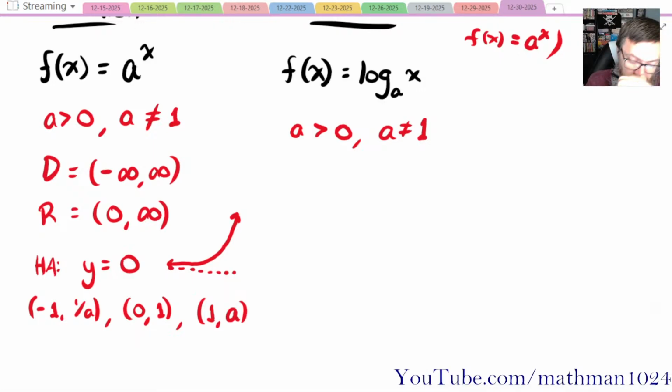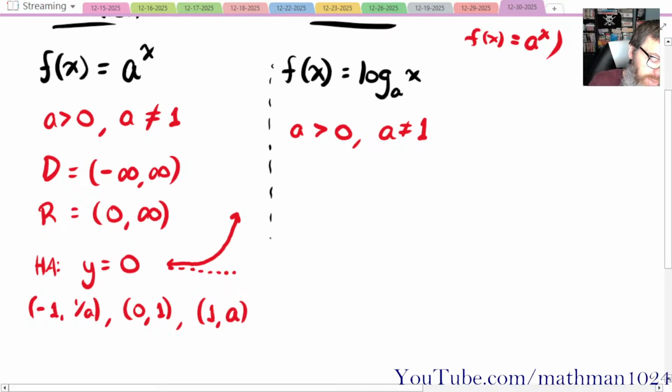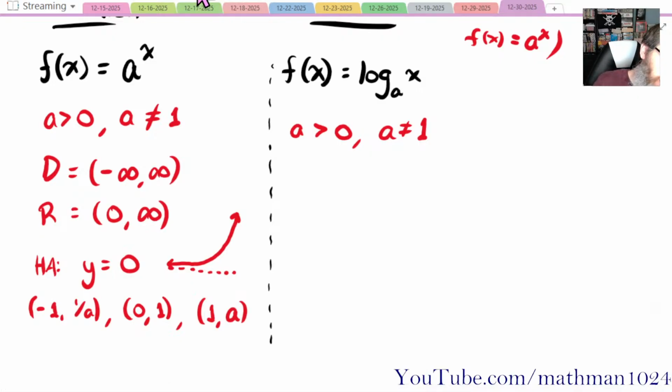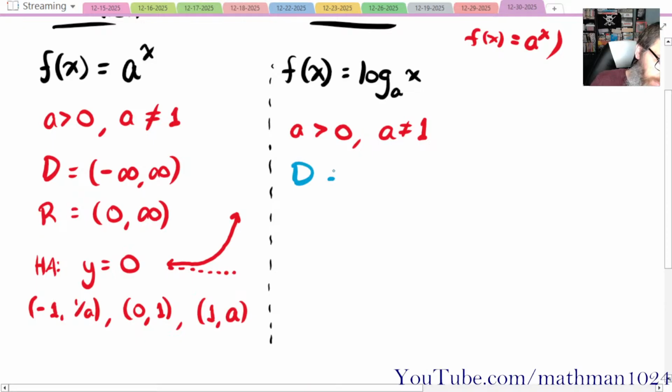Now, if this logarithmic function is the inverse, we already know a lot of information about it. The domain for the logarithmic function is going to come from the range of its inverse, so my domain is from 0 to infinity. My range pulls from the domain of the inverse, so that's -infinity to infinity.